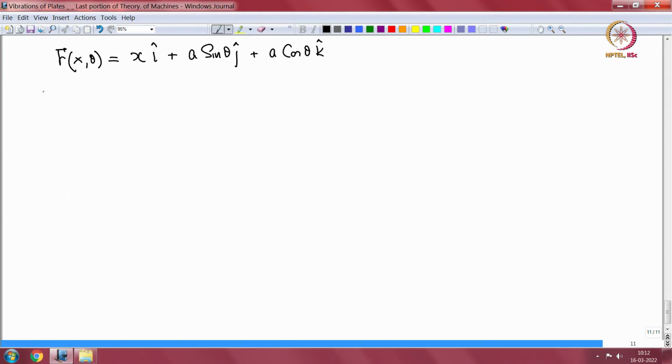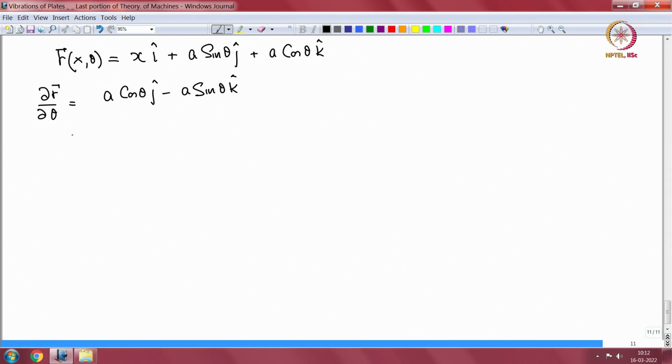So del R del theta is given by a cos theta j minus a sin theta k.